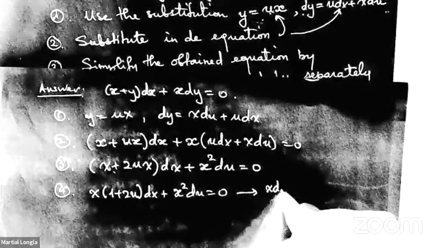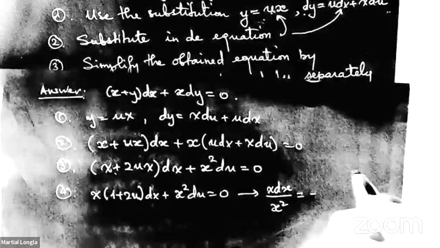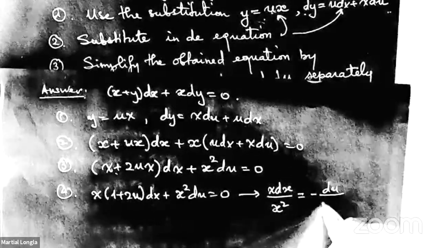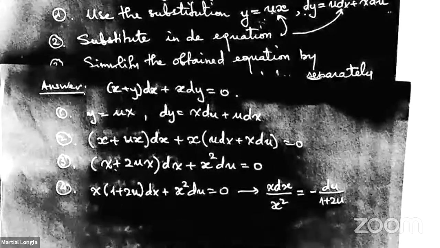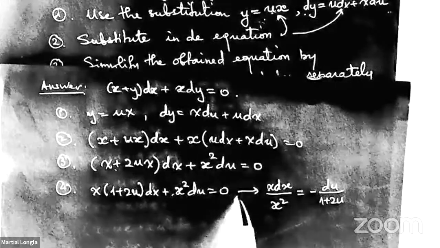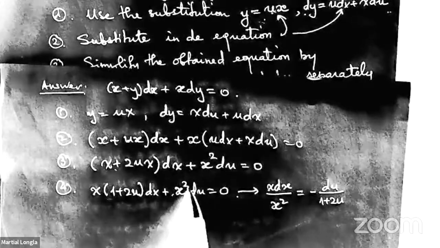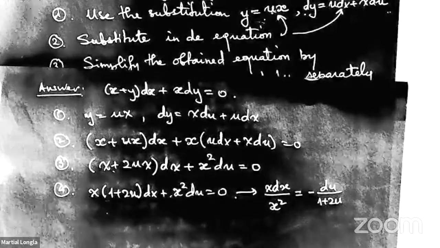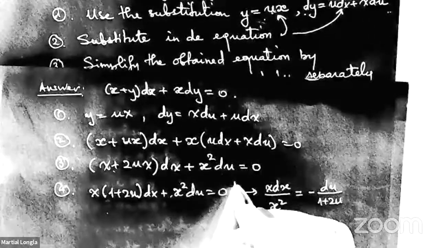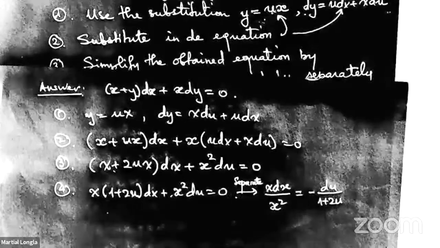That's x dx over x squared equals minus du over 1 plus 2u. So send this to the right, divide the whole thing by 1 plus 2u, and then divide by x squared. You get that. That's separation of variables. So again, here you separate the variables.